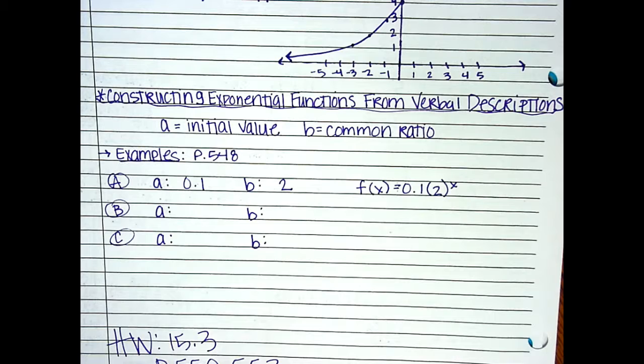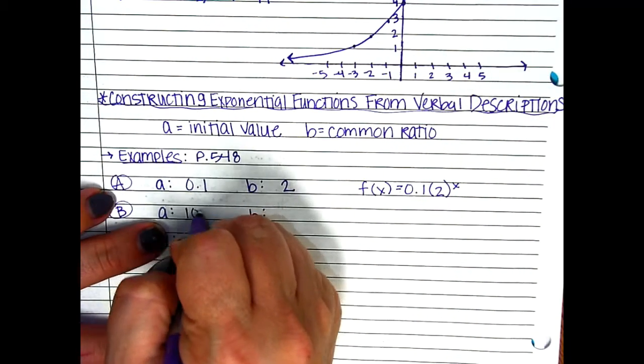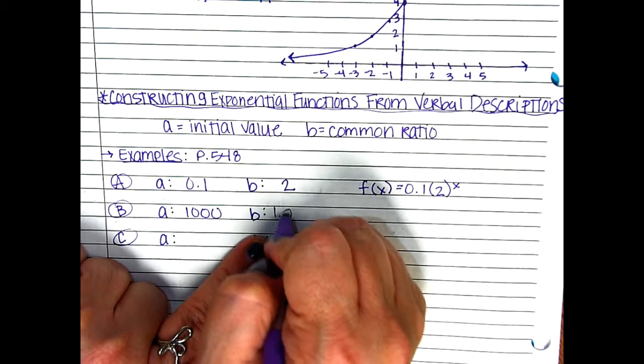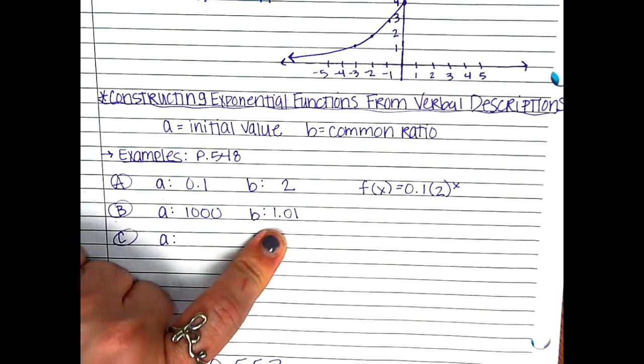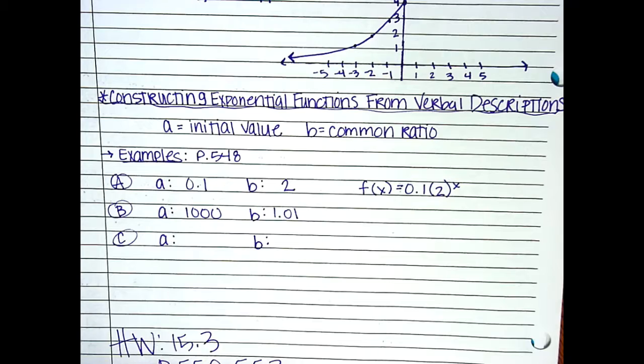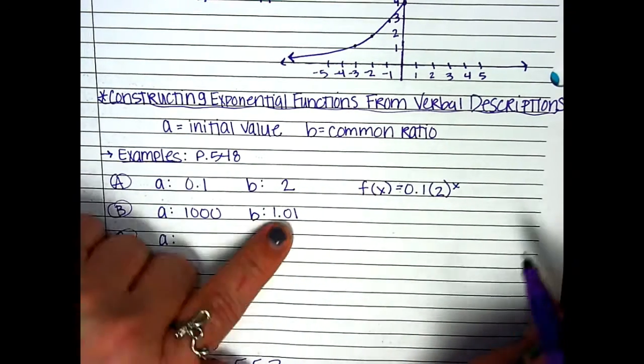Okay, B says a savings account with an initial balance of 1,000 earns 1% interest per month. Okay, so my initial amount was 1,000. My interest is going to be 1.01. 1% is 0.01, but for it to earn money, it has to earn 100% of what it is, plus that 0.01.